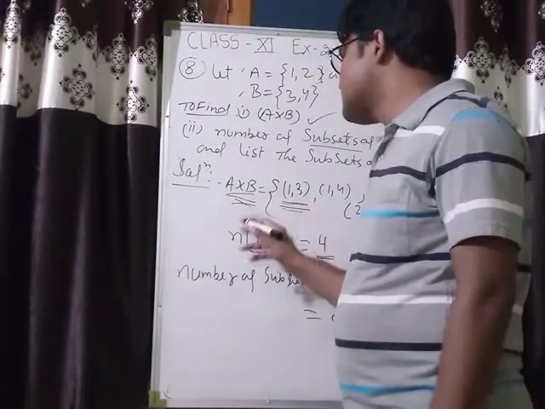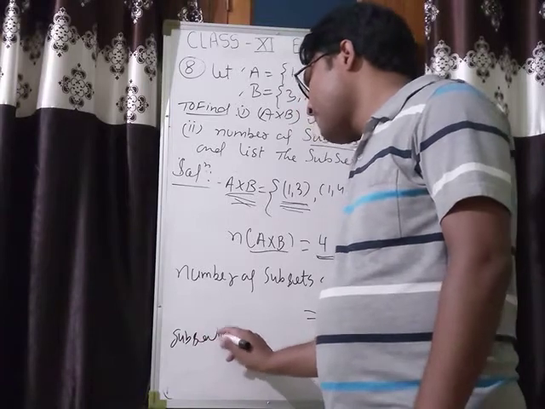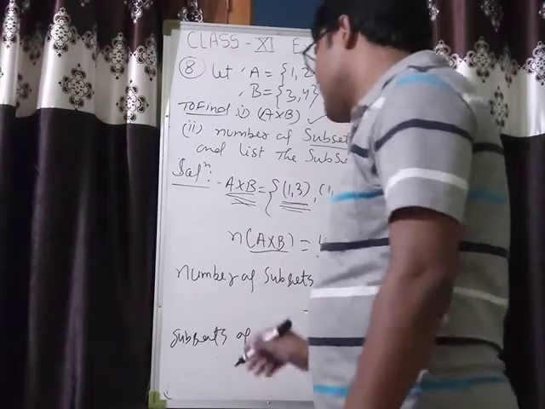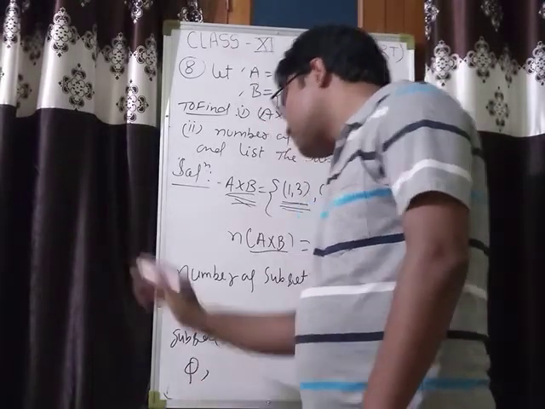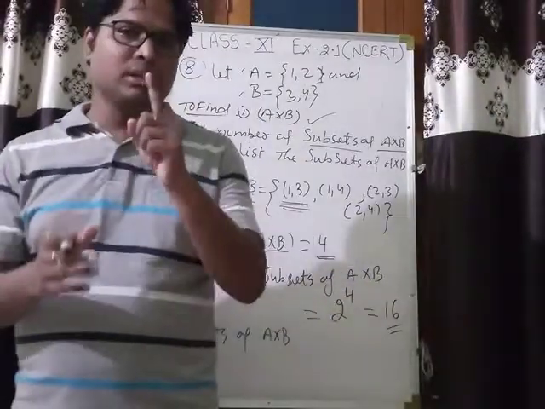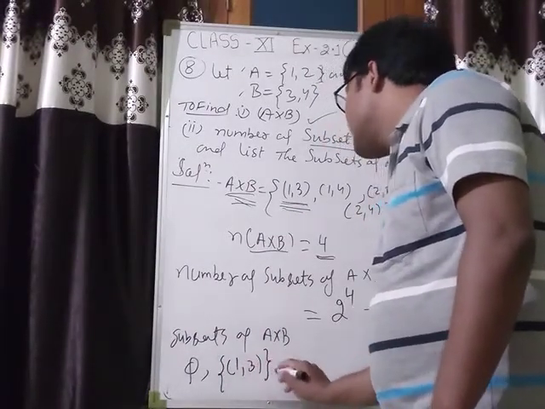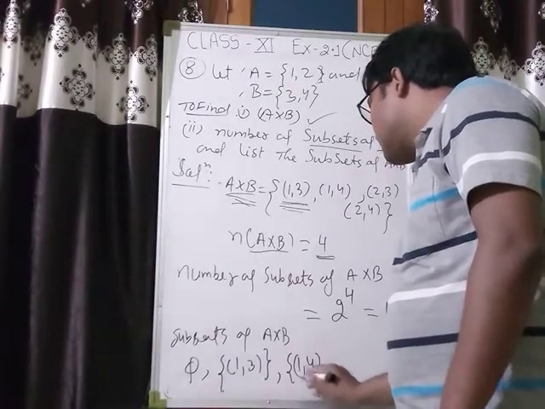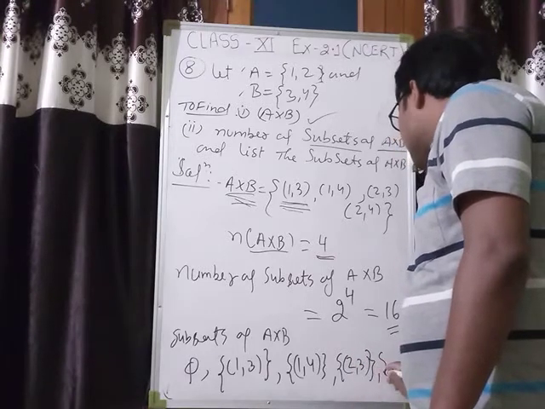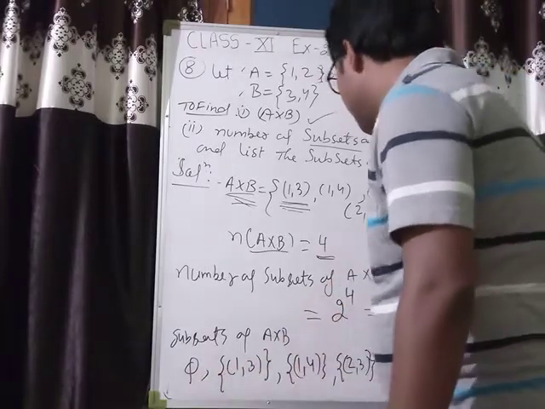One is the null set. Now the subsets of A cross B. After that, subsets having only one element, so they will be the one containing this element, after that the one containing this element, after that the one containing this element, after that the one containing this element. Okay, so these are 5 subsets, 1, 2, 3, 4, 5 subsets.